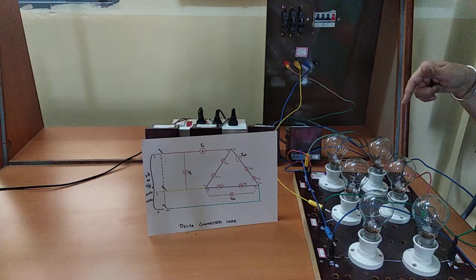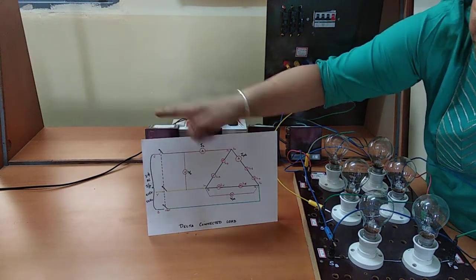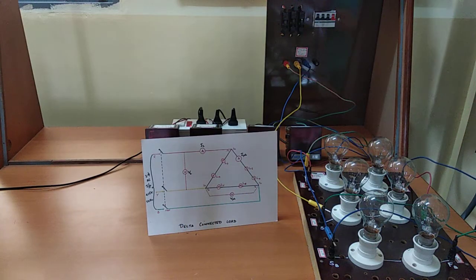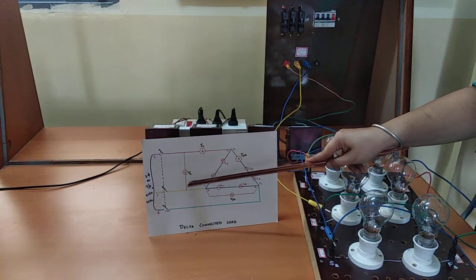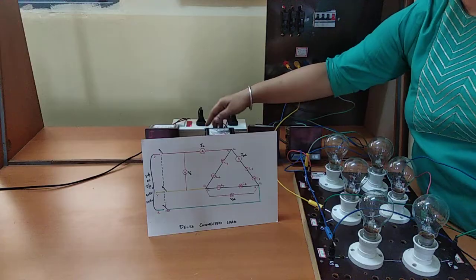We are yet to connect the voltmeters here. Now, one voltmeter we have across the points R and Y, isn't it? So one terminal of the voltmeter will go to the R phase, the other terminal goes to the Y phase. So let us connect the voltmeter now.